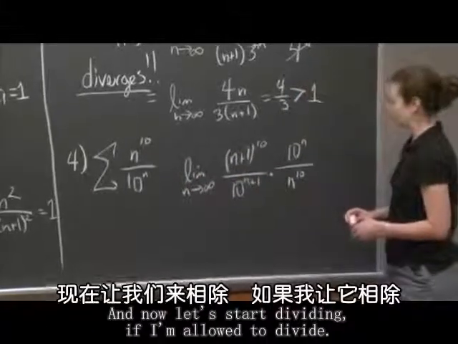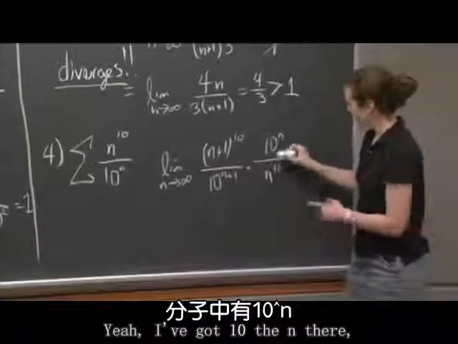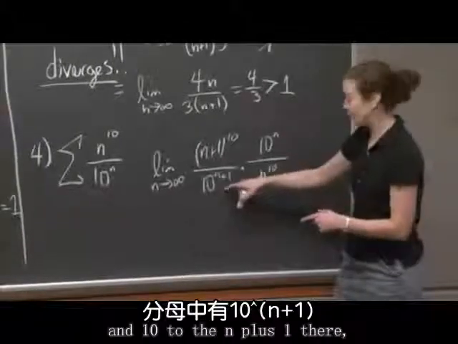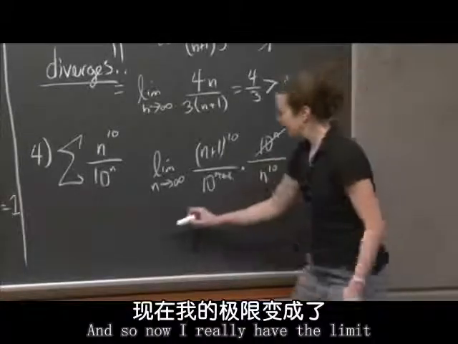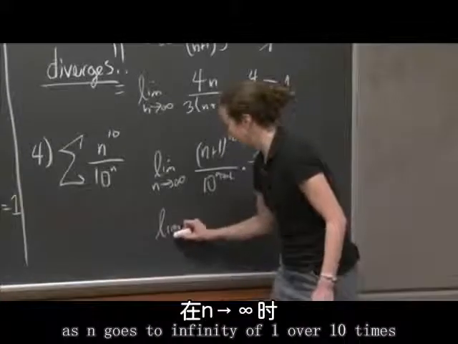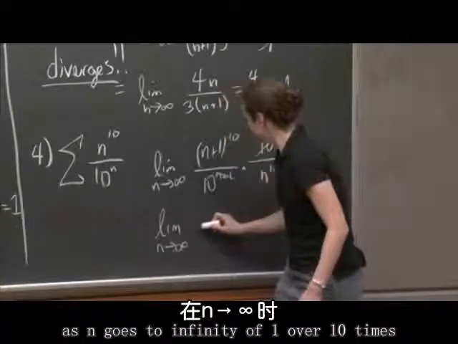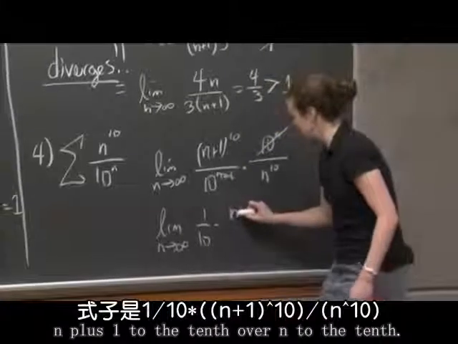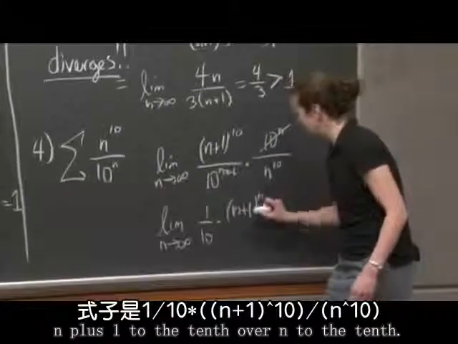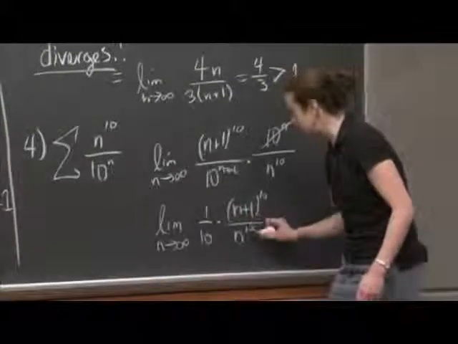And now let's start dividing if I'm allowed to divide. Yeah, I've got 10 to the n there and 10 to the n plus 1 there. So that gives me a single 10 in the denominator. And so now I really have the limit as n goes to infinity of 1 over 10 times n plus 1 to the 10th over n to the 10th.